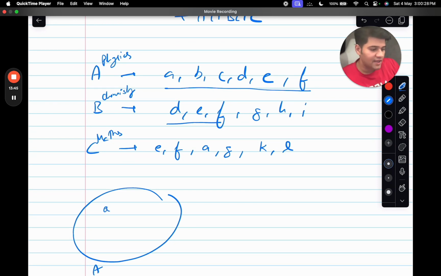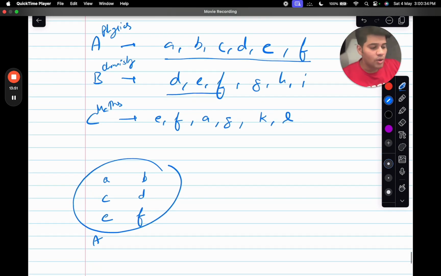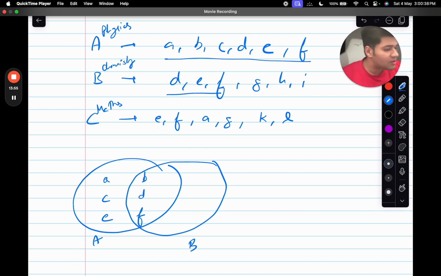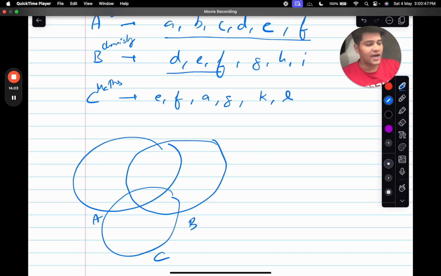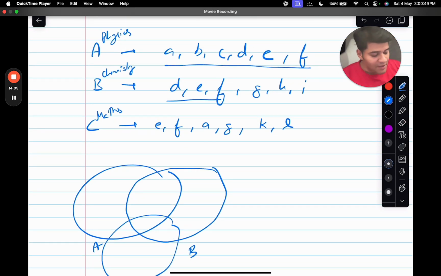Now chemistry, which is set B. I would put the elements later on, and let me also have C here. Now I would try to put the elements. So let me first put the elements which are only part of A.